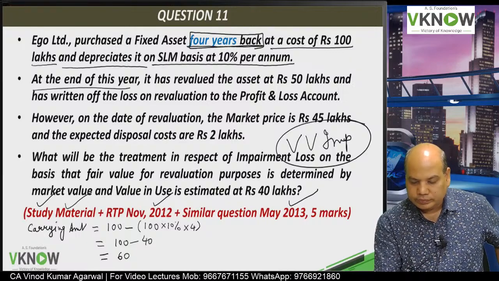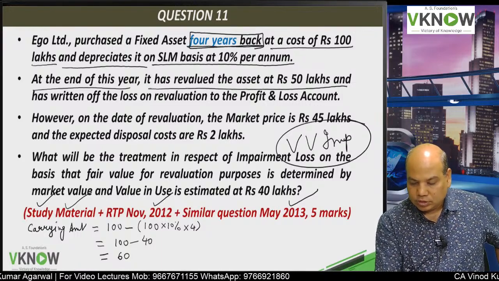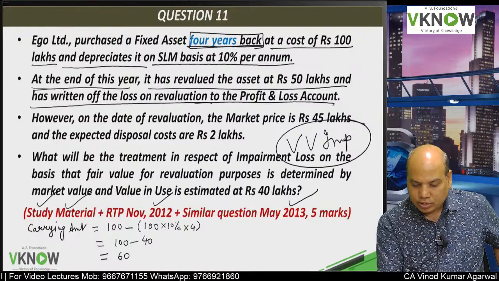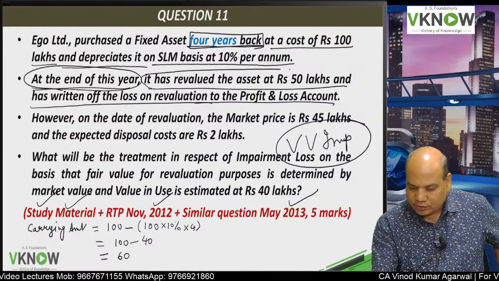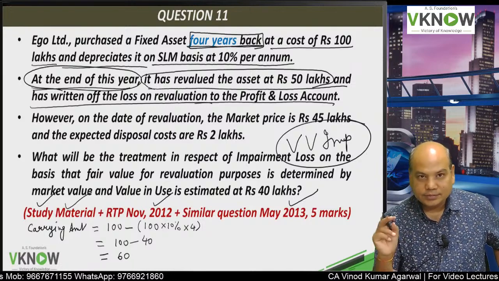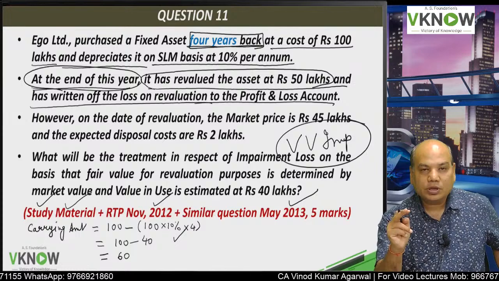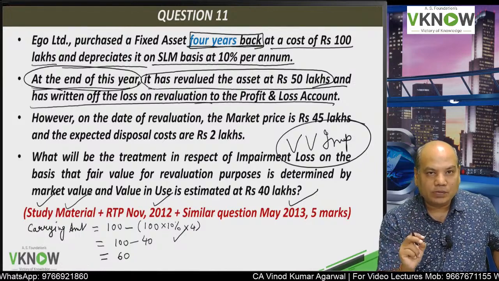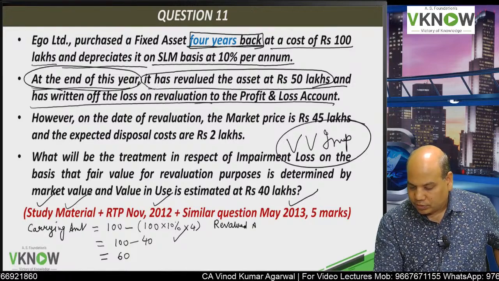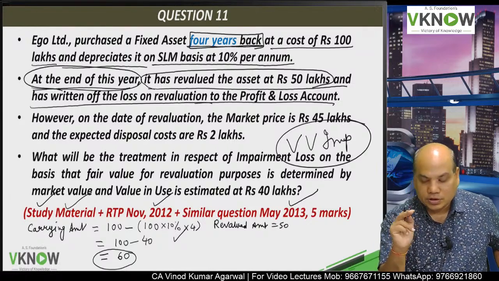Okay, now next line. At the end of the year, it has revalued the asset at 50 lakh and has written off the loss on revaluation to profit and loss account. As I said, first I need to provide depreciation, which they have done. Then you need to apply revaluation if you are following the revaluation model. Revalued amount is 50 lakh, whereas carrying amount is 60 lakh.